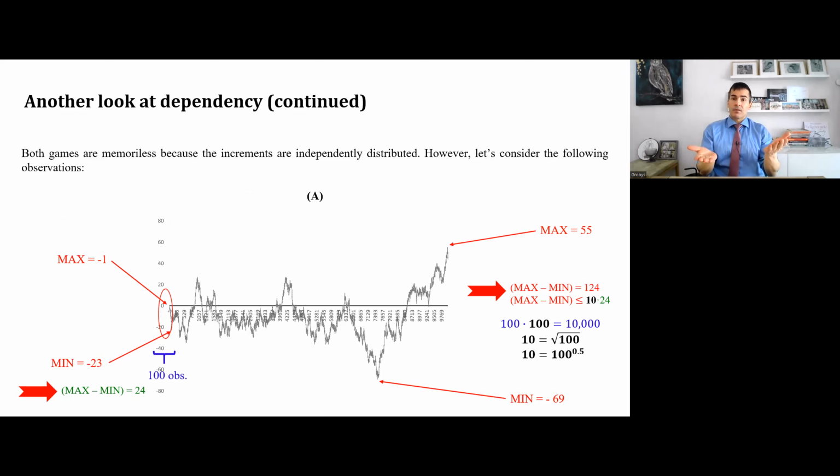And the factor 10 is the square root of that factor. And this is true for processes that have no memory. So again, the increments here, the payoffs of head or tail, because we are dealing with a fair coin, are equally likely. That means the process is memoryless. That's a random walk process, simply.